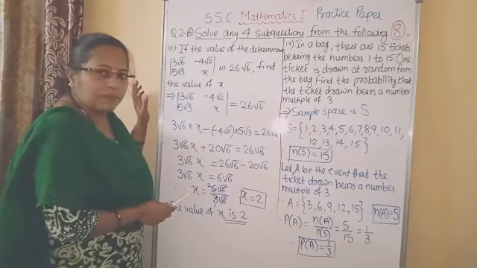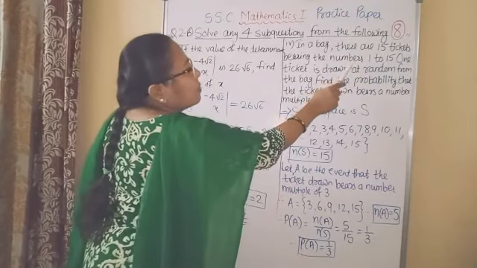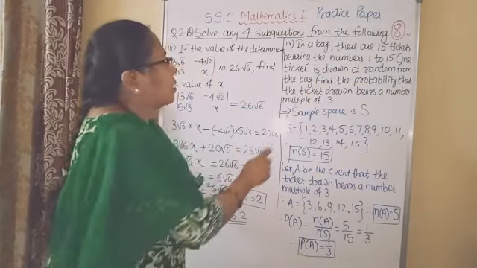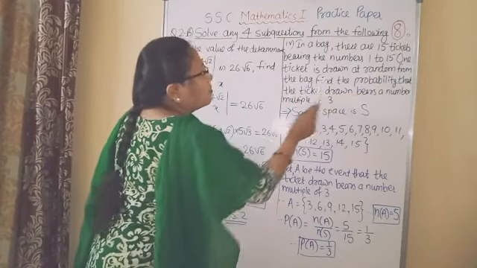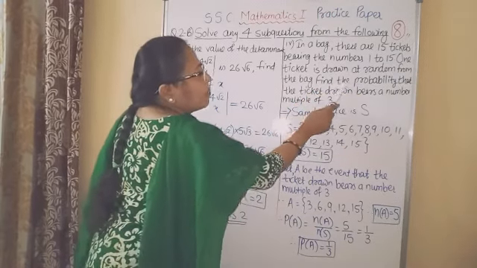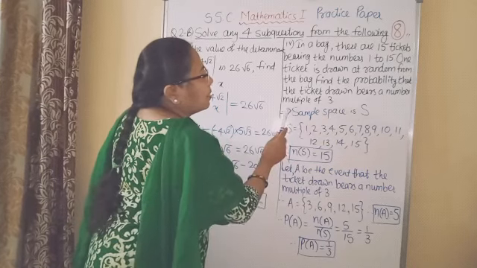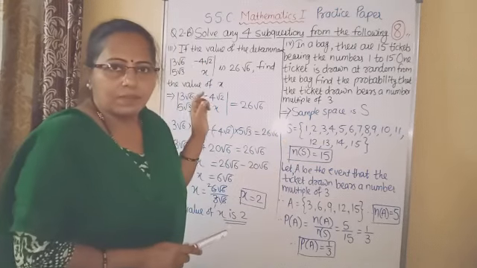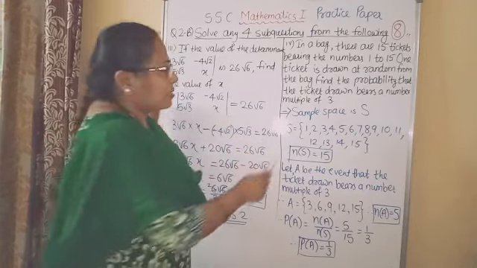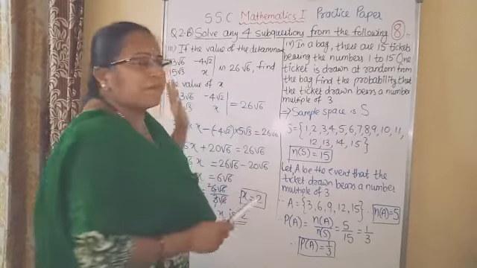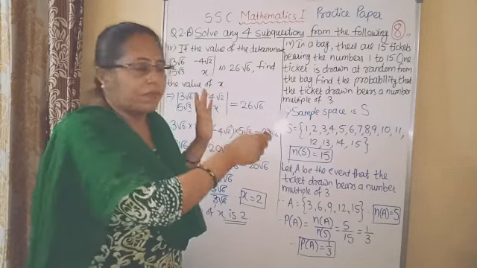Then the fourth one. In a bag, there are 15 tickets bearing the numbers 1 to 50. One ticket is drawn at random from the bag. Find the probability that the ticket drawn bears a number that is a multiple of 3. First we have to find the sample space S. There are 15 cards, and on each card one number is written from 1 to 50.